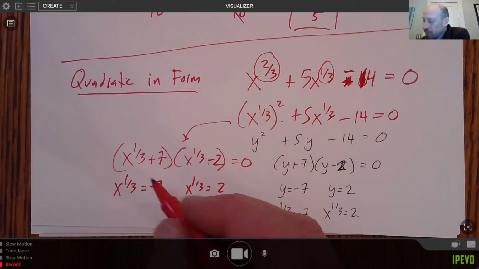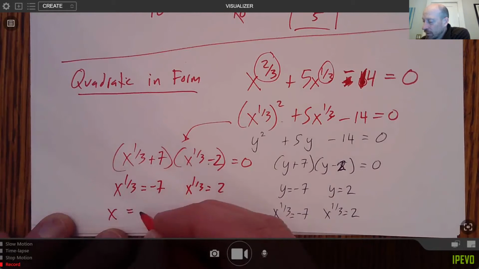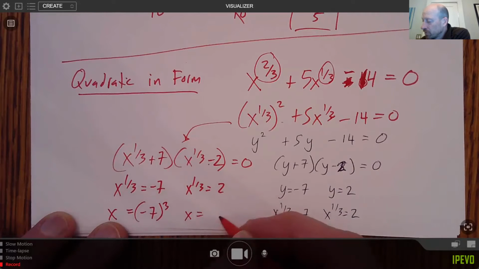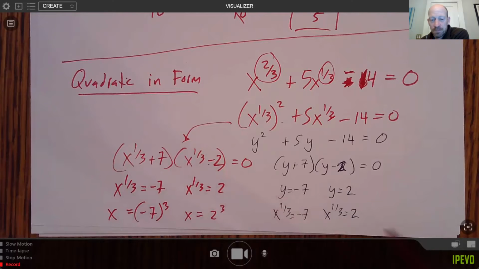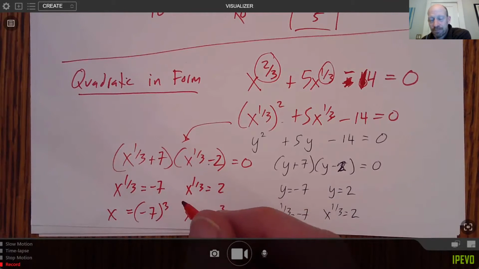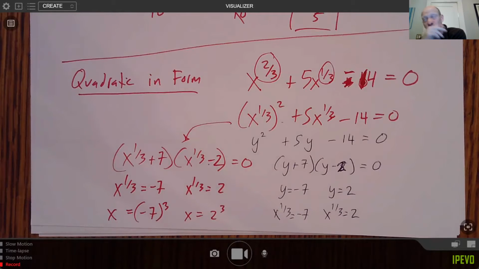So to get rid of that cube root, I would cube both sides. So x equals minus 7 cubed, or x equals 2 cubed. That's 8, of course. Remember what 7 cubed is. 49 times 7. 343, I think. Minus 343.